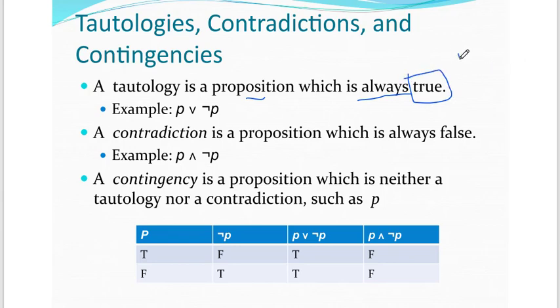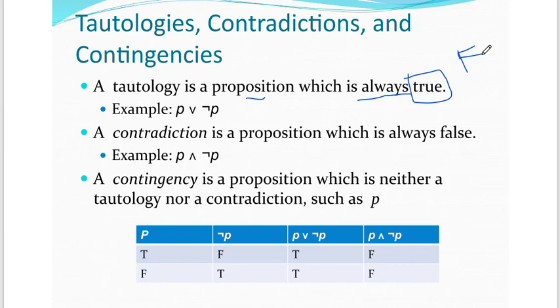It will not become false. If we make a statement or any truth table and it will always be true, then this type of compound proposition is called a tautology.